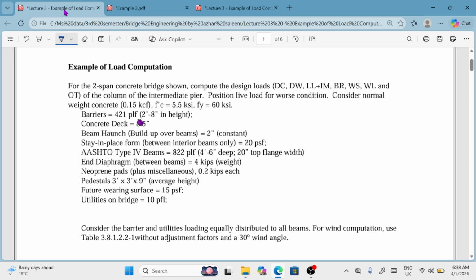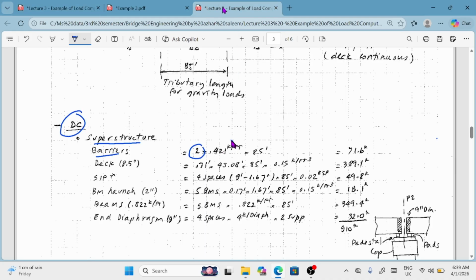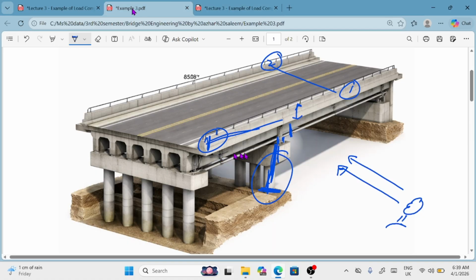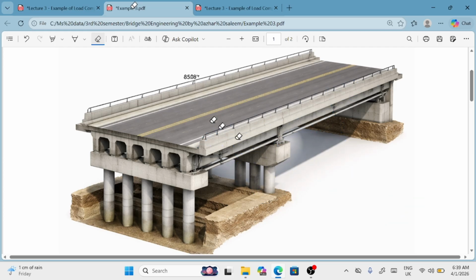This is barrier and 421 pounds. If I convert it to kips, 0.421 kip per feet. So 0.421 kip and 85. Its tributary length is 85. If I cut this and this from here, this will be 85. This is from here to here.